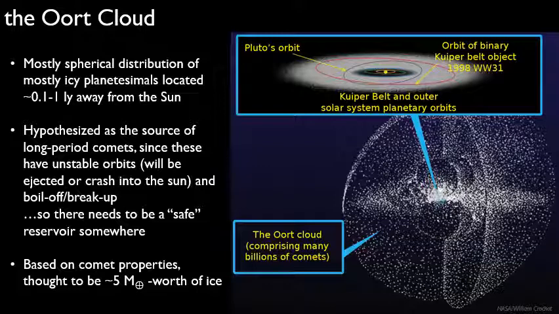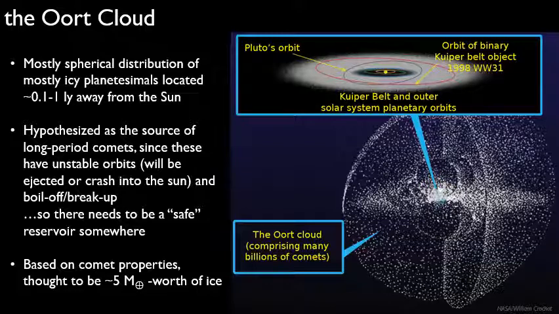Even if it could exist orbiting that way for the history of the solar system, the comets give off jets. They boil off when they get close to the sun, and eventually that causes them to break up. So essentially these comets cannot have existed for the history of the solar system in these highly eccentric orbits.